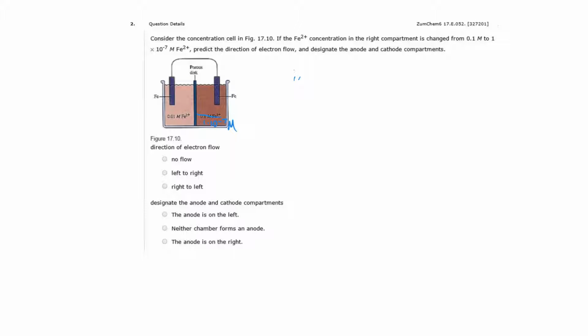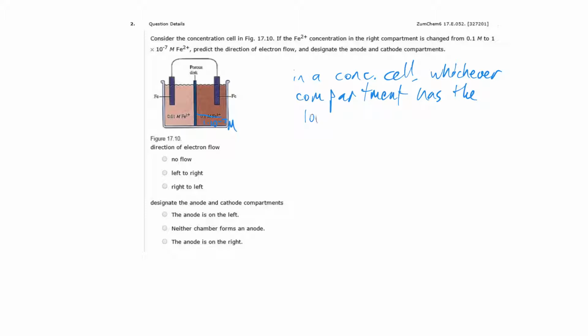In a concentration cell, whichever compartment has the lower concentration is the anode.